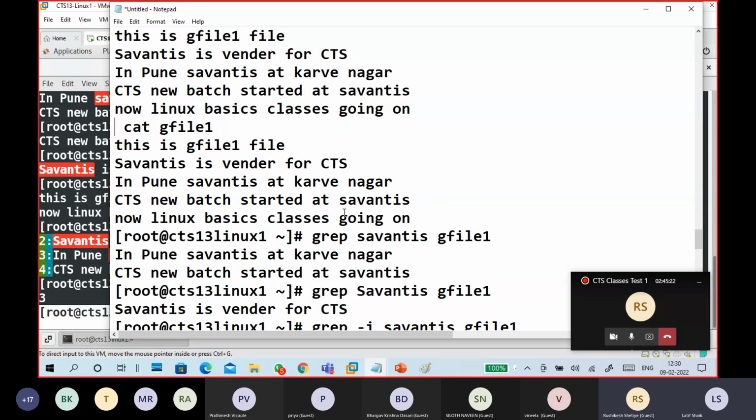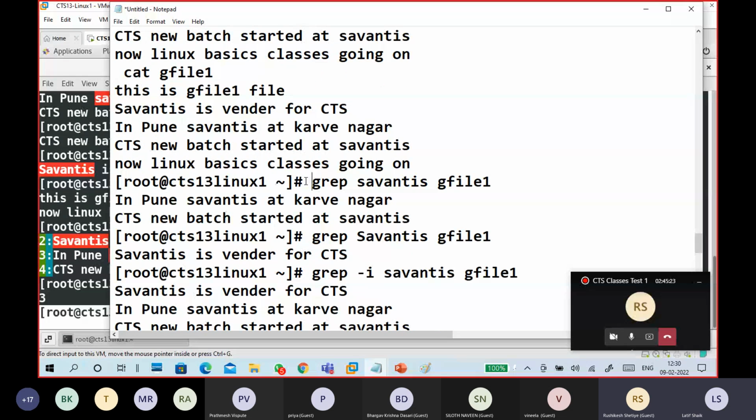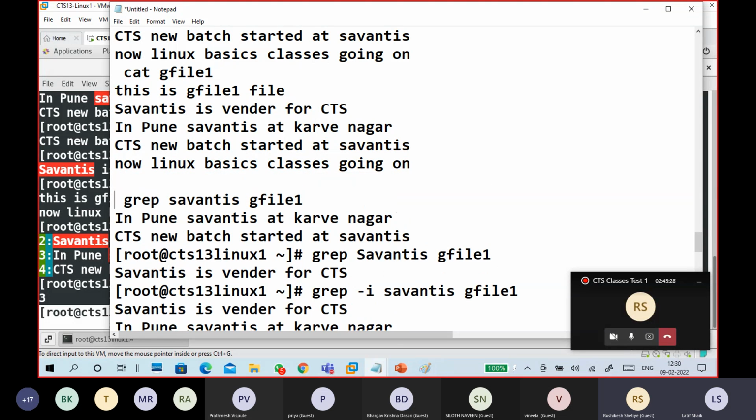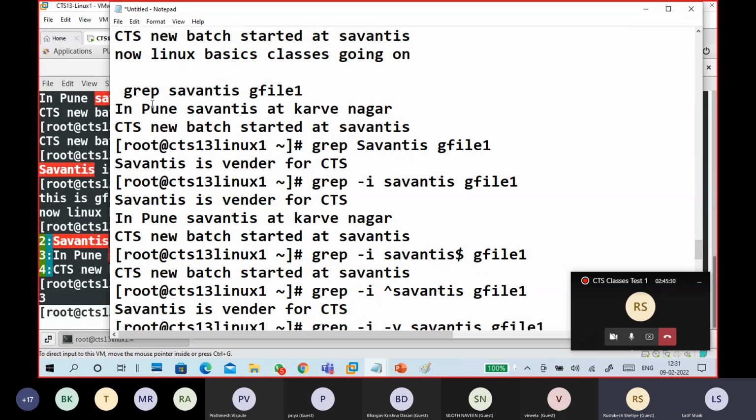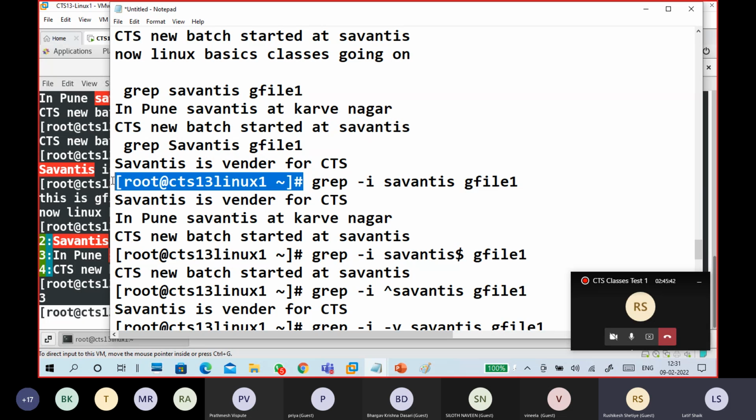Next, verify the file. Next, start using grep. This is the grep command. See, Savantis is there, so wherever Savantis is there, those lines will be displayed. Don't worry, I will ask the questions.